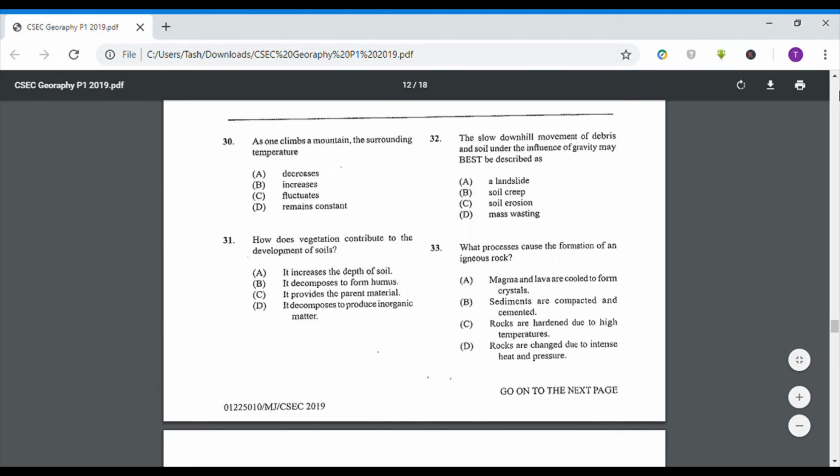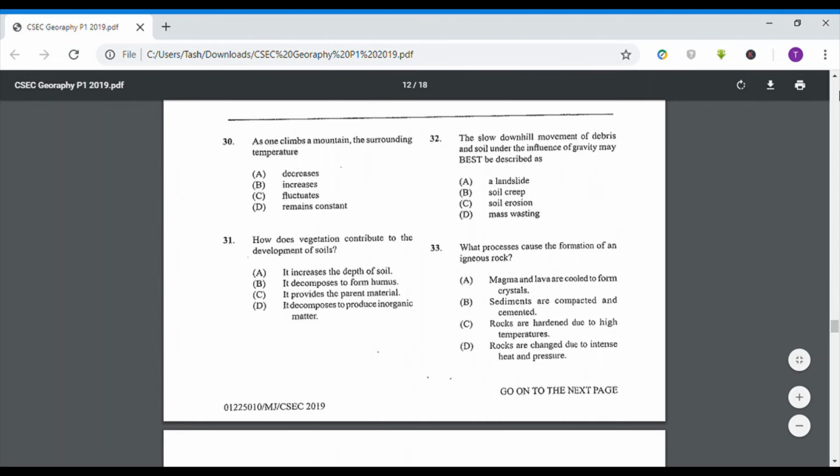Number 33, what processes cause the formation of an igneous rock? So the word igneous is from the Greek word ignis, which means fire. So you can look through the answers for anything that relates to fire or volcanic activity or volcanoes, and you would get your answer. So for this one, 33, it is magma and lava are cooled to form crystals.